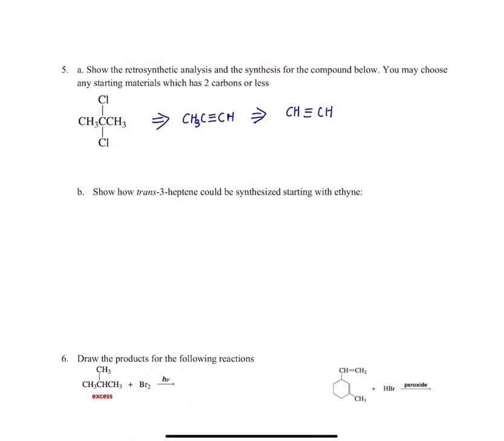Now let's draw the synthesis. For the synthesis, we are going to start from acetylene. When acetylene is reacted with NaNH2 in the first step, it's going to give us, well, this NaNH2 is going to act as a base, right, which goes and grabs this hydrogen, and the bond between carbon and hydrogen is going to break, and it's going to move on to the carbon.